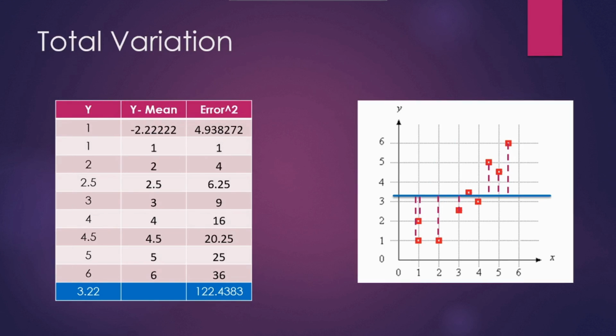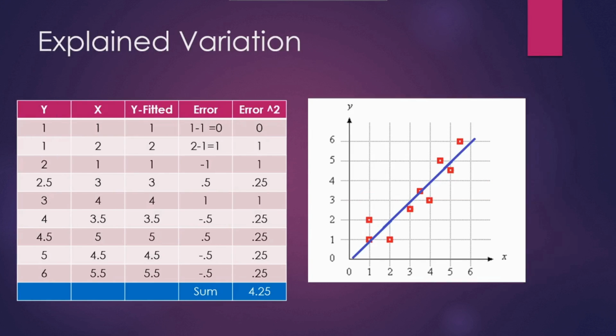In the previous slide, we had the total variation. Now, after adding x and fitting a line, we got some reduction in the total error, and that is the explained variation. We have followed the same step here. Instead of the mean line, we are counting the difference from the fitted line, then taking the square of the errors.